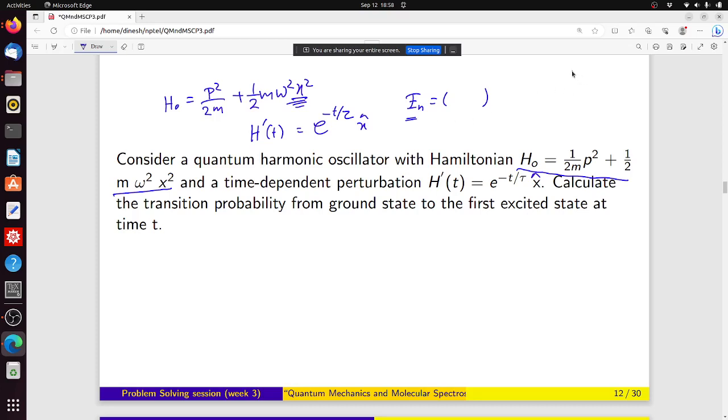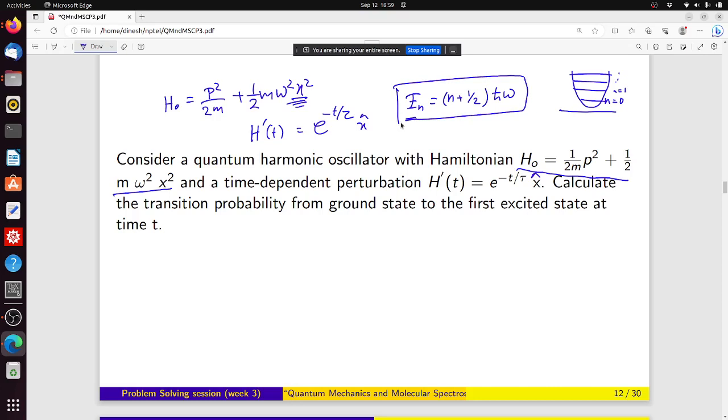So this simple harmonic oscillator looks like this. Energy levels are labeled like this: n equal to 0, n equal to 1, and it goes like this. So the general form of this energy eigenvalue looks like this: n plus half, h cross omega. You might be remembering now.